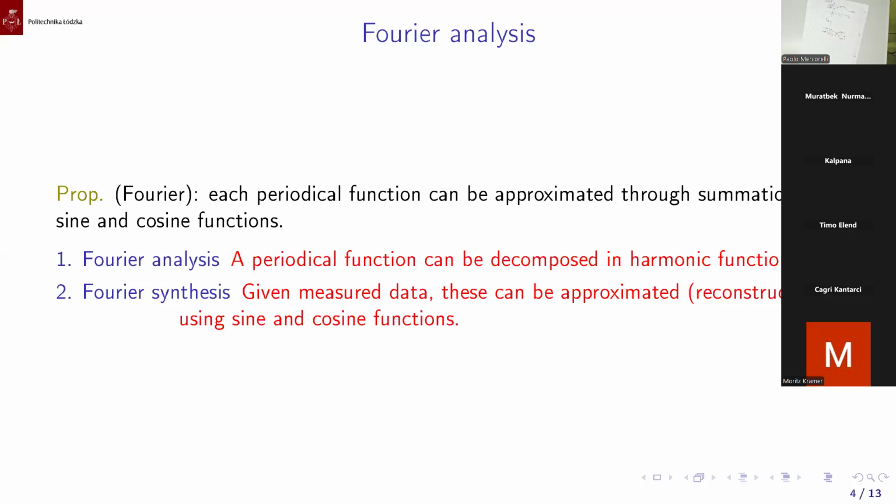Trigonometric function is totally different with respect to polynomial. Think about the proposition of Fourier, which says each periodical function can be approximated through a summation, or summations in general, of sine and cosine functions. This is the idea.